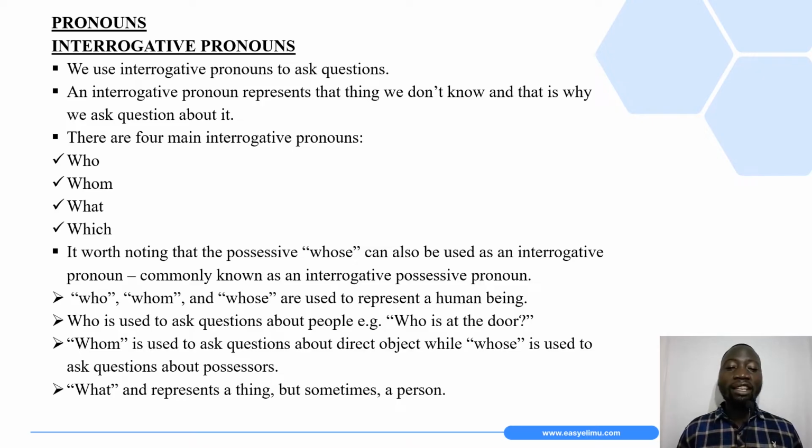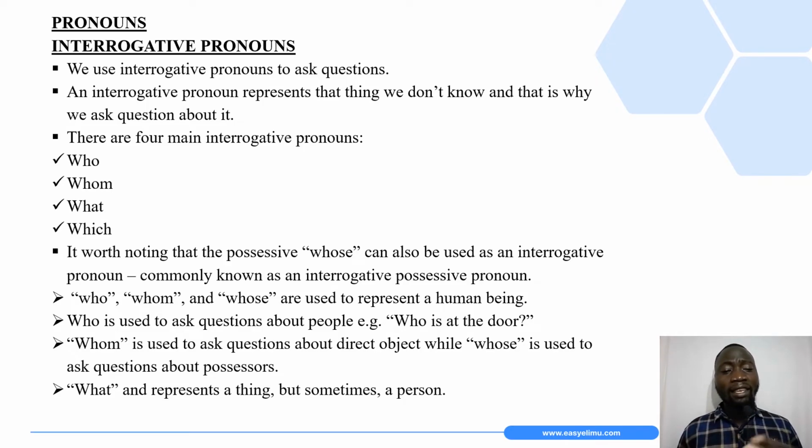It is worth noting that the possessive whose can also be used as an interrogative pronoun, commonly known as an interrogative possessive pronoun. So if we use the possessive pronoun whose in a sentence as an interrogative pronoun, then we call it an interrogative possessive pronoun.